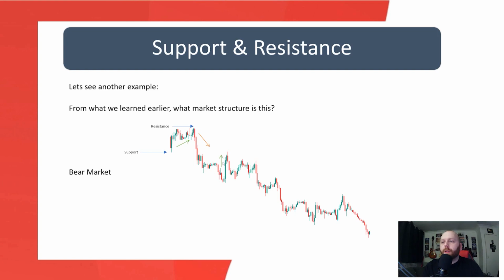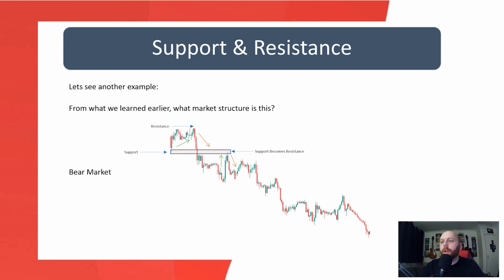Once it's come back down, the price travels back up. And lo and behold, we have resistance in this area, just where the support is. So in this case, in this bear market, previous support now becomes resistance. It's just like clockwork.